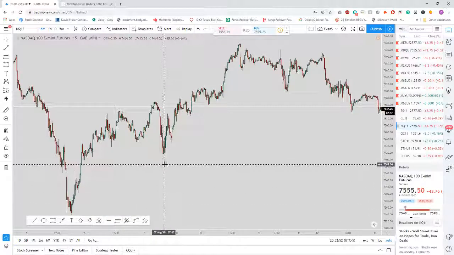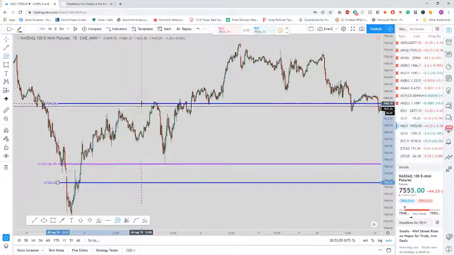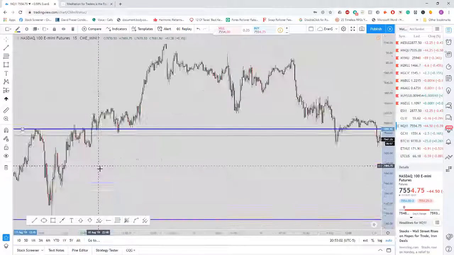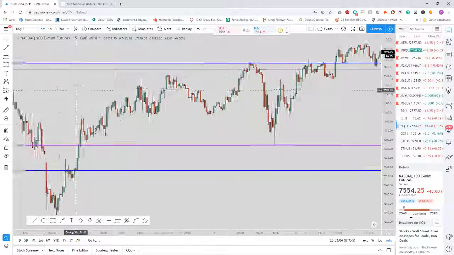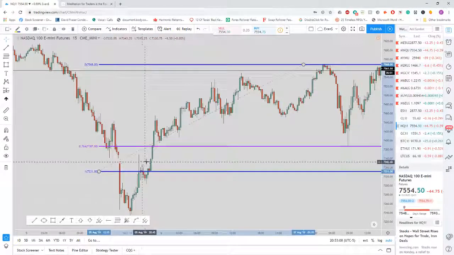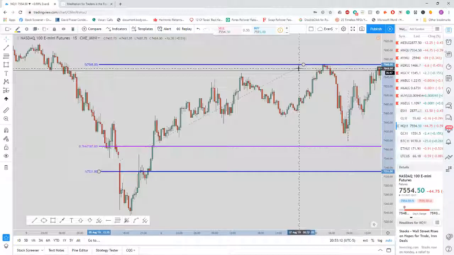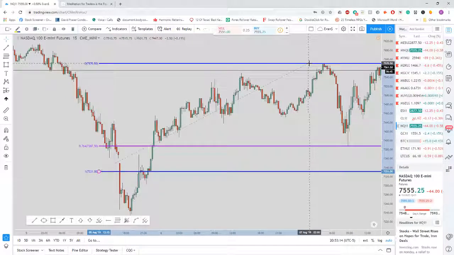So if we want to use this as the pivot anchor point right here, I look for price to come back and hit the 76.4% Fibonacci retracement level. So if we come back over here using this pivot point right here, we're waiting for price to come back and hit the 76.4.